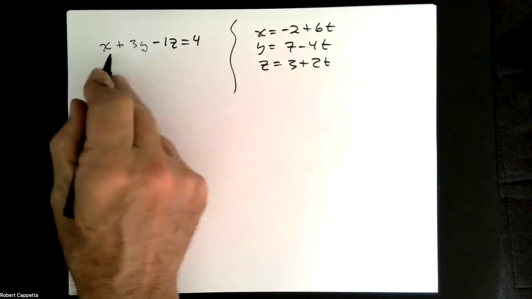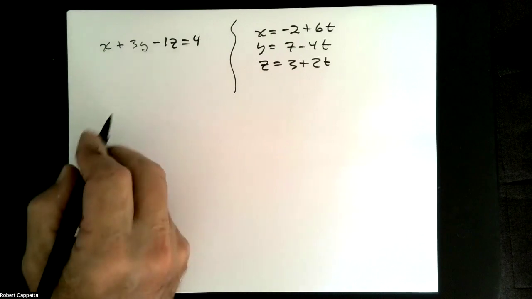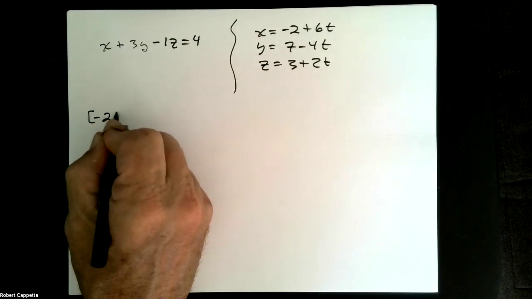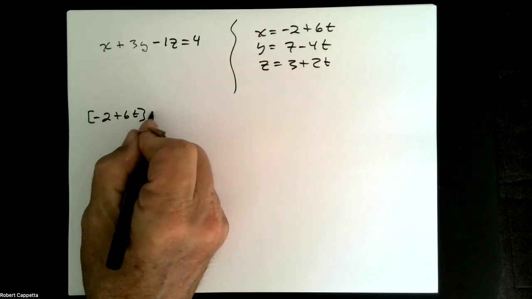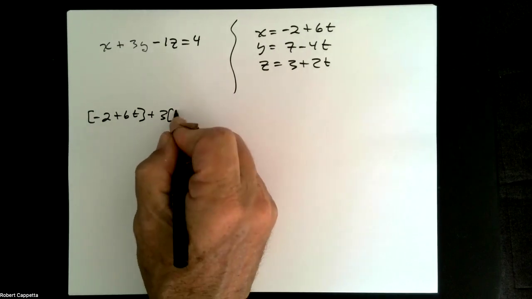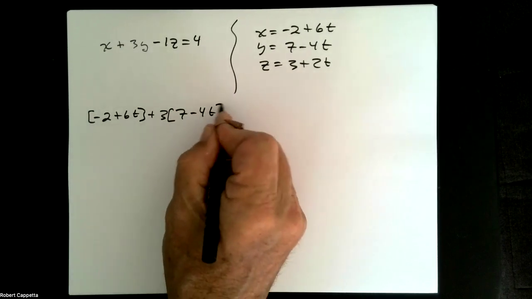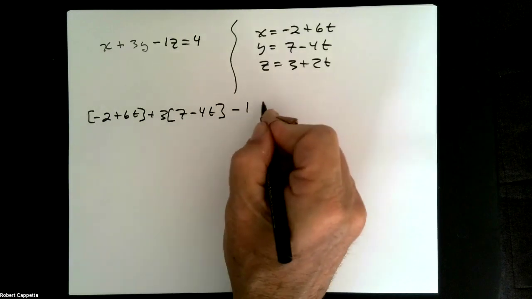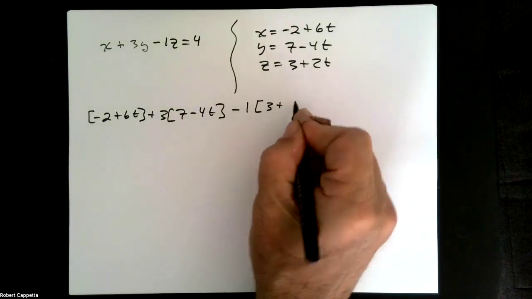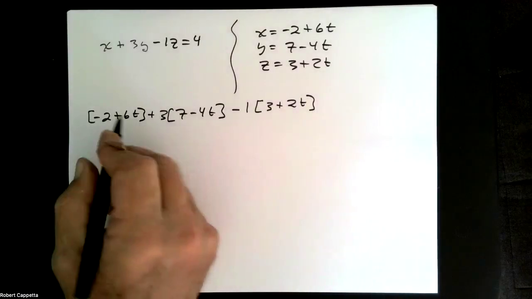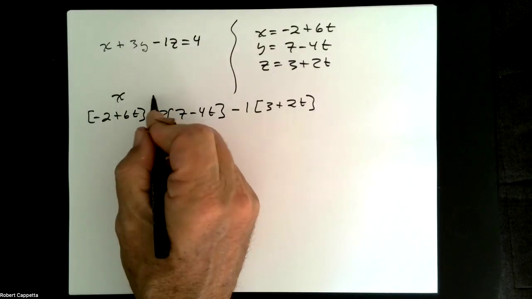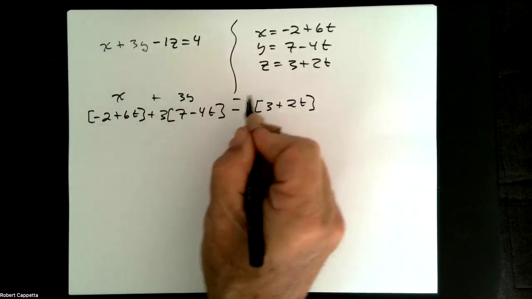I'm going to plug these in for those variables. So instead of x, I'm going to write -2 plus 6t, plus 3 times y, which is 7 minus 4t, minus 1 times z, which is 3 plus 2t. Notice I have x plus 3y minus 1z.